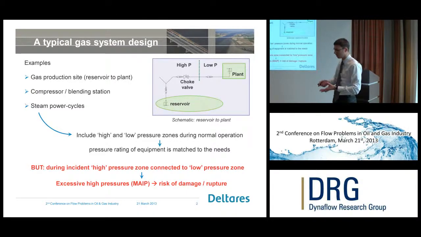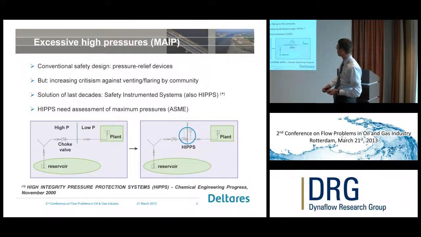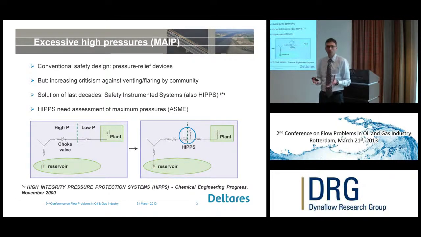So in order to understand whether you have a risk of this damage or rupture, you need to know what the excessive high pressures are that can occur during such an incident. We need to make an estimate of the maximum pressure that occurs.